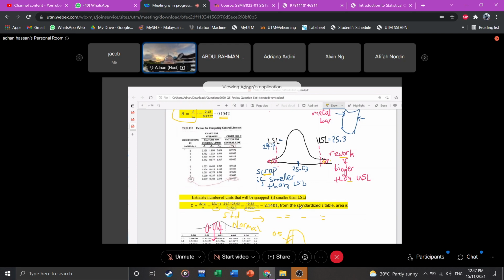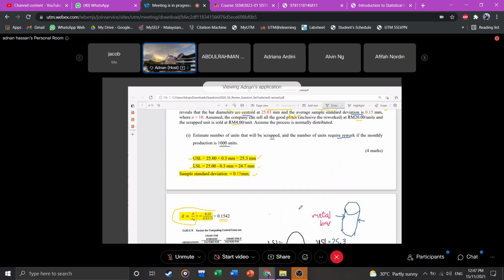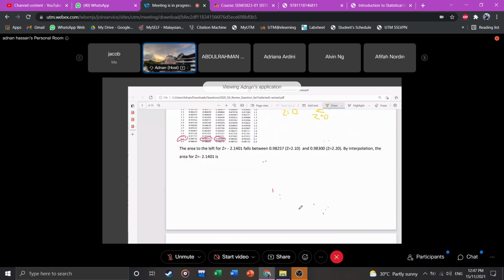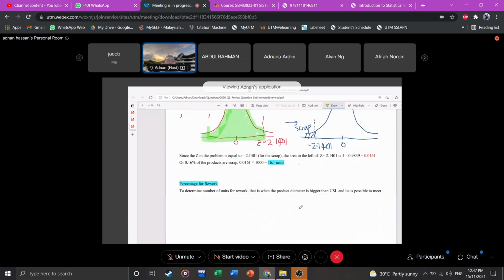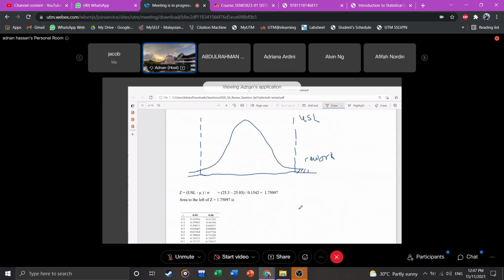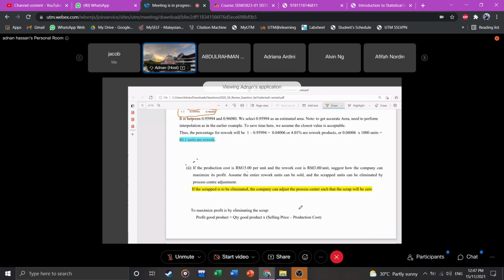Okay, the next question is asking about monetary values, because in industrial engineering, we always convert to values for decision making. If the production cost is 15 ringgit per unit and rework is 3 ringgit, suggest how the company can maximize the profit.